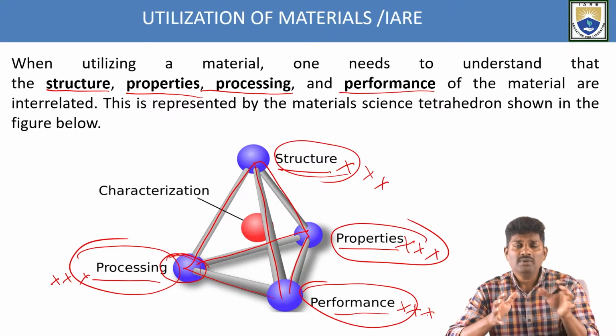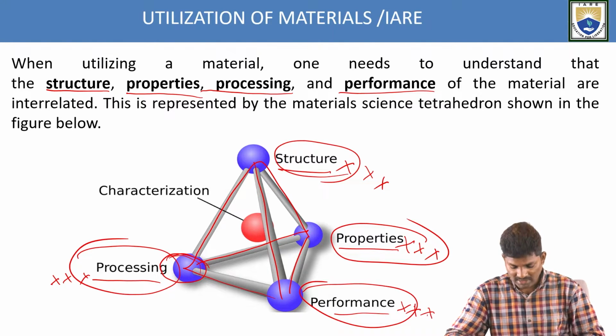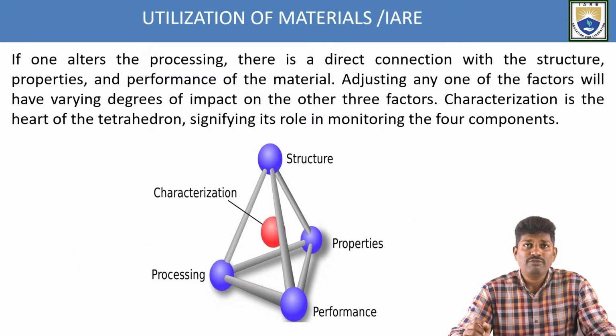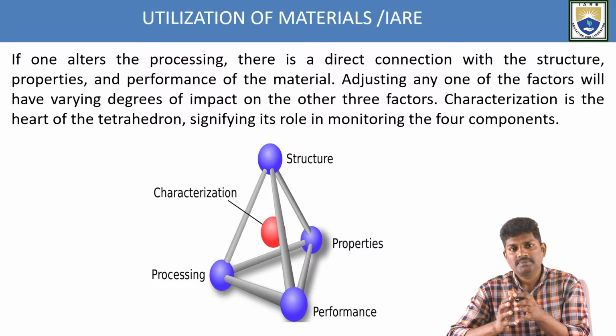So this is how the correlation between these four components has been shown in the tetrahedron diagram. And as we discussed, if one alters the processing, there is a direct connection with the structure and properties. Since we have direct contact between these four components in the material, if any one component is altered, there is an effect on all the other components.